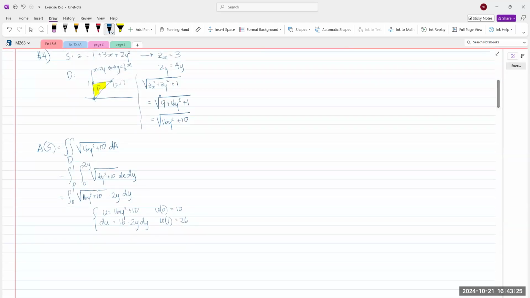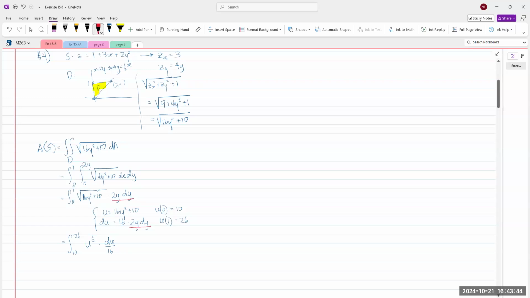Then this integral will be the integral from 10 to 26 of u to the power of 1/2 times du over 16. Do you notice that? This is our du over 16.